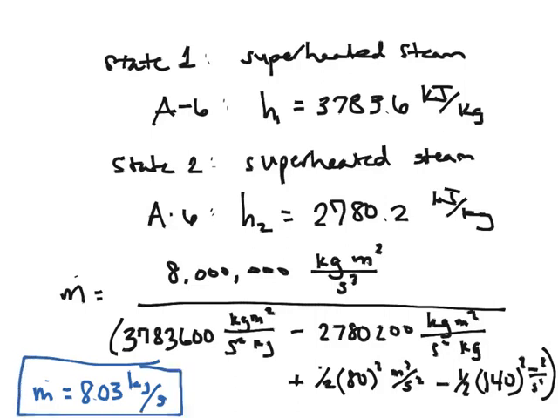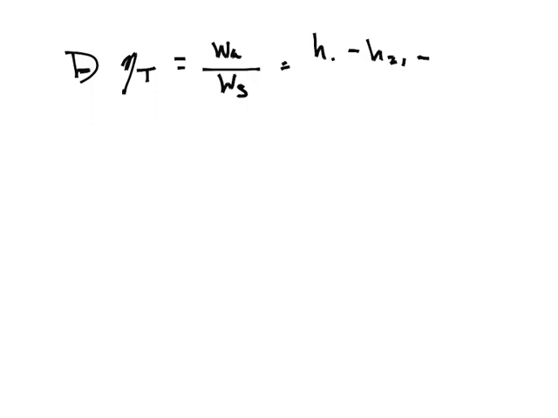Now let's go to part B, where we want to find the isentropic efficiency of our turbine. If you remember, isentropic efficiency is equal to the actual work that we get out of the turbine versus the isentropic work, that's the theoretical work if it operated isentropically, which we can write in terms of specific enthalpies as H1 minus H2 actual divided by H1 minus H2 isentropic.